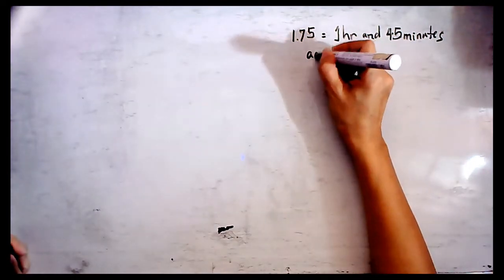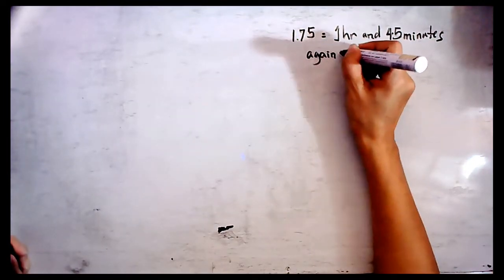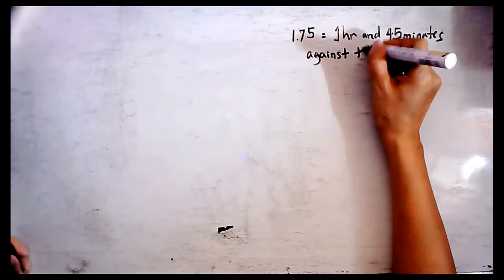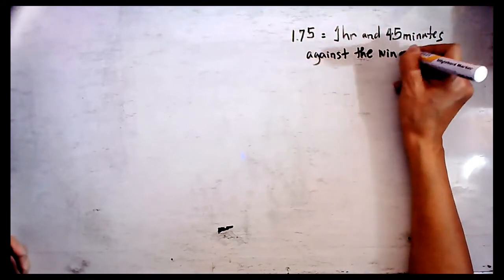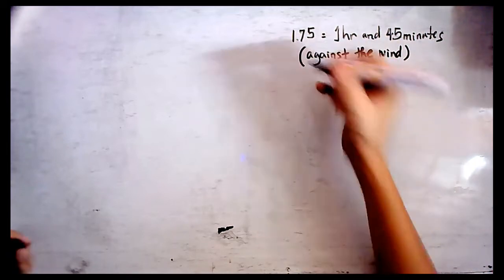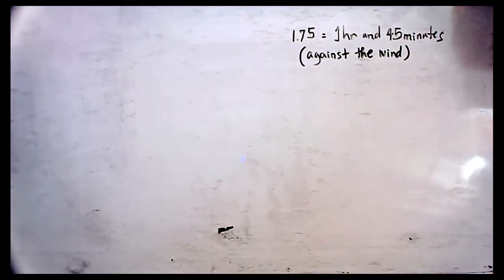So this is the time that would take the airplane to travel if it is traveling against the wind. Meaning the wind direction is opposite to the direction of the airplane.